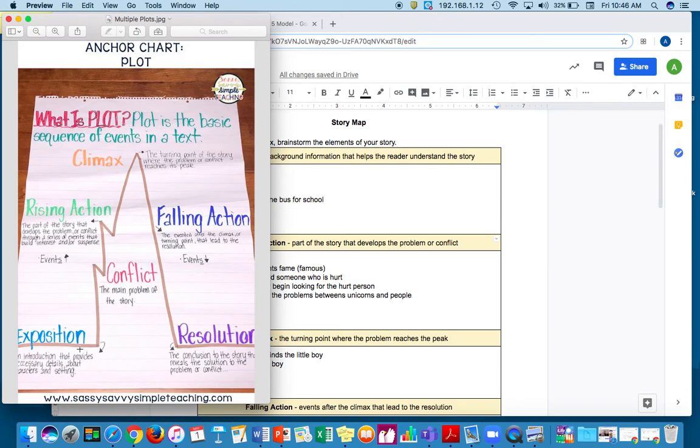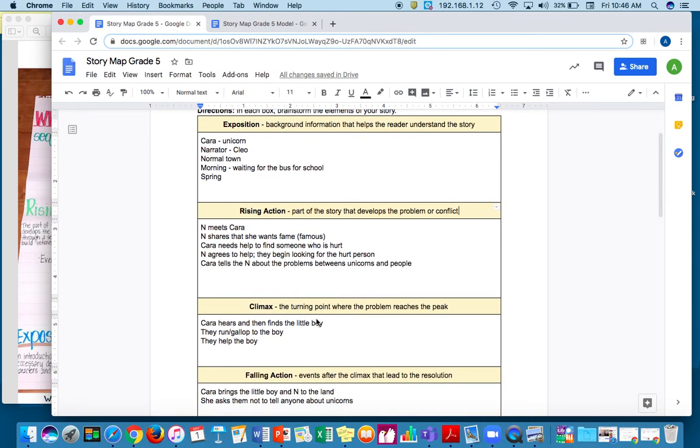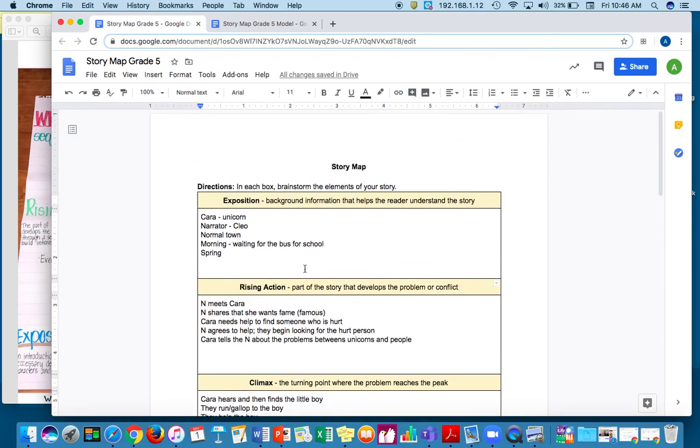The exposition, the beginning, the introduction, rising action are all of those events. The climax is the turning point. Falling action are the events that lead to the resolution. Okay? Your job is going to be to fill the same kind of thing out for different stories, so that you can get practice for writing your own plot or story map for your story.